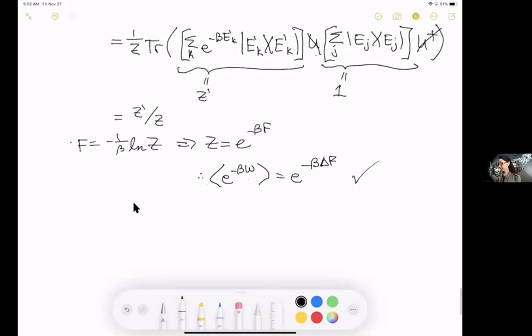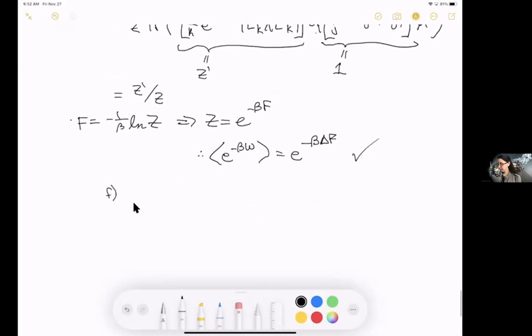For homework, I would like for you to prove what's called the Tasaki-Crooks equation, or a quantum version of Crooks' theorem, using this formalism.